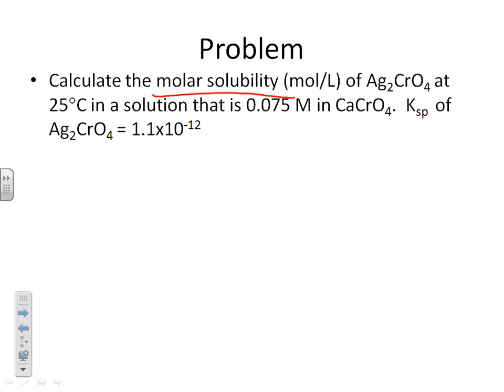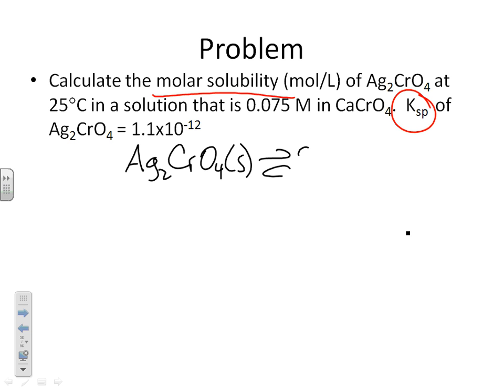So we want to start by writing a reaction. Once again, what reaction are we writing? They gave you a massive tip-off. They gave you the Ksp value for silver chromate. So you want to write the silver chromate dissociation reaction. Ag₂CrO₄ solid goes to 2 silver ions, because of the subscript for the silver, plus the chromate ion. And these guys are aqueous.